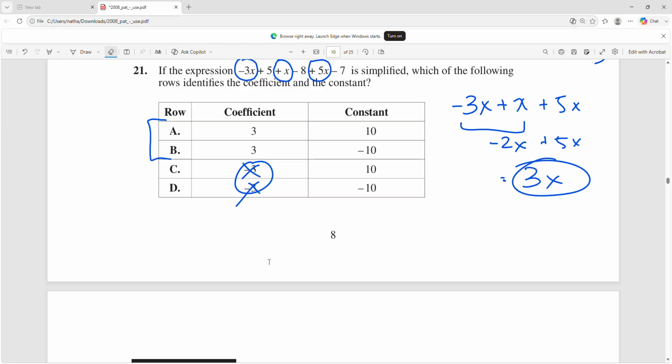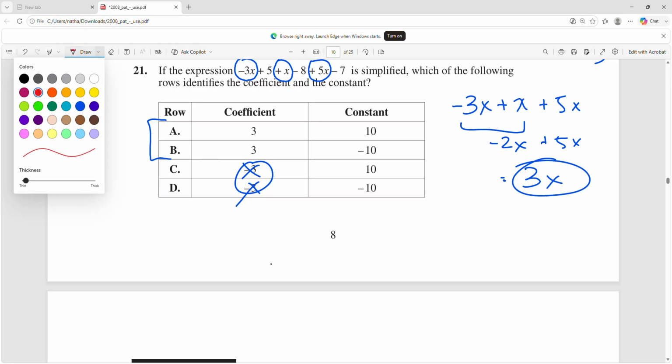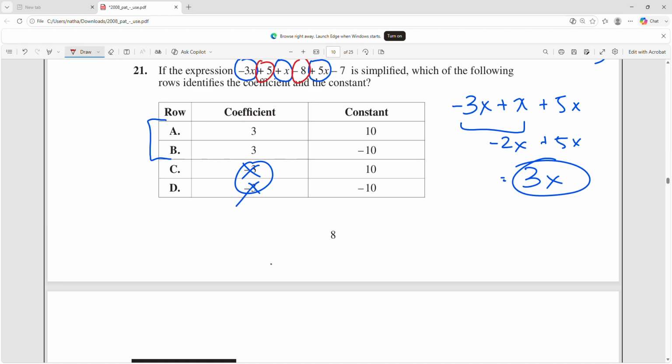Now let's do our constant. We've got plus 5, minus 8, and minus 7. I could do this from left to right, but I'm going to do it this way, because negative 7 and negative 8 will give me negative 15. And I can easily combine that with positive 5, and that's going to give me negative 10.